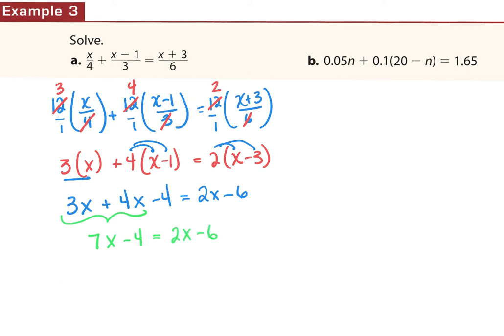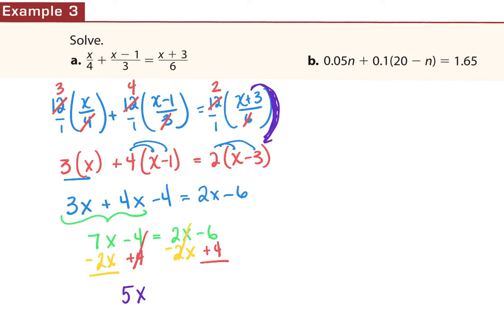Then I'm going to do what I've done before, move my variables to one side. Move my numbers to the other side. I have 7x minus 2x. What does that give me? 5x. When I moved this down, what did I do wrong?